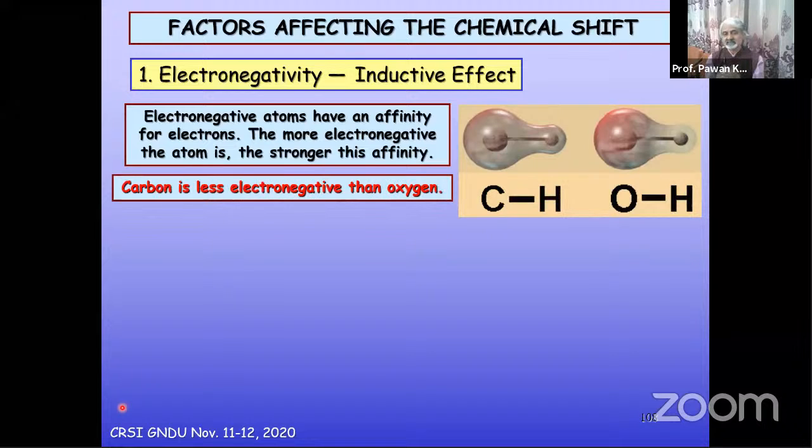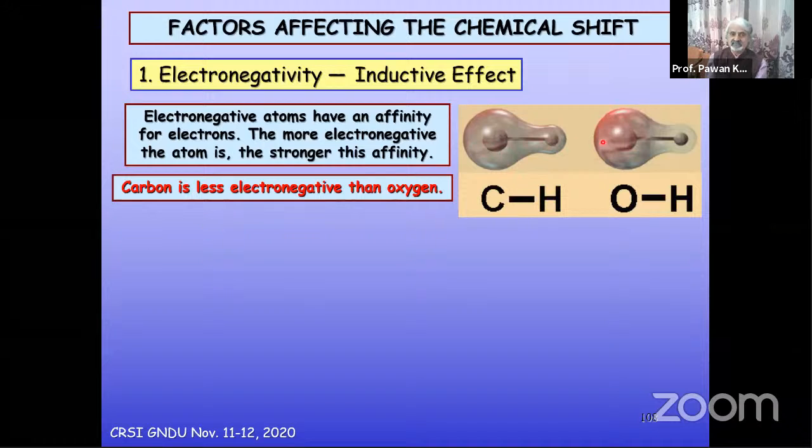For example, let us compare two cases where a hydrogen is attached to carbon or oxygen. Because carbon is less electronegative than oxygen, what would happen? The bonding electrons of the carbon-hydrogen bond would be more towards hydrogen as compared to the bonding electrons of oxygen and hydrogen, which would be more towards the oxygen because oxygen is more electronegative. You can see that from the redness around this oxygen in this electron map.